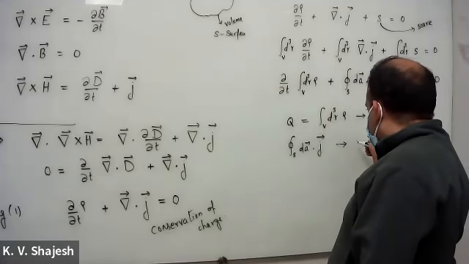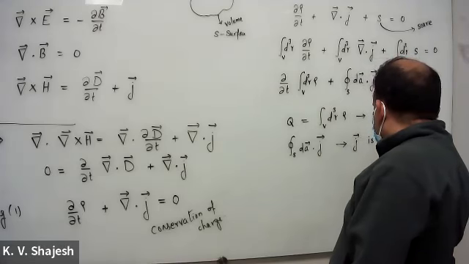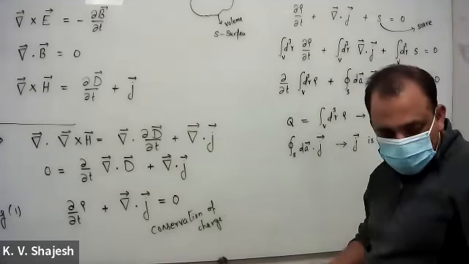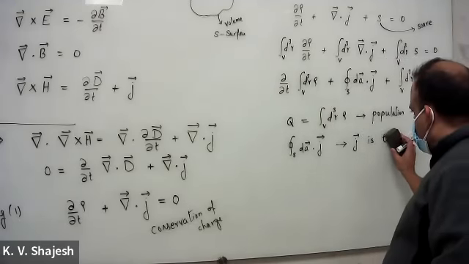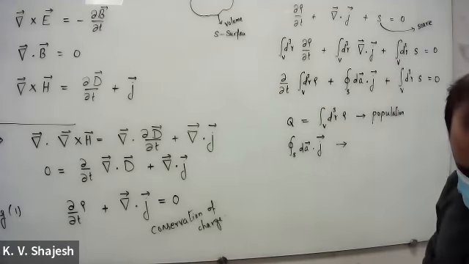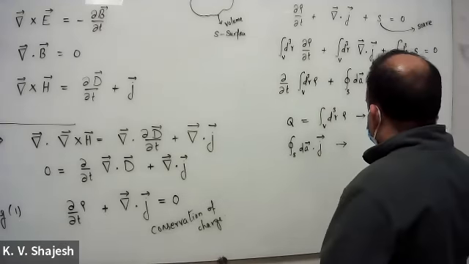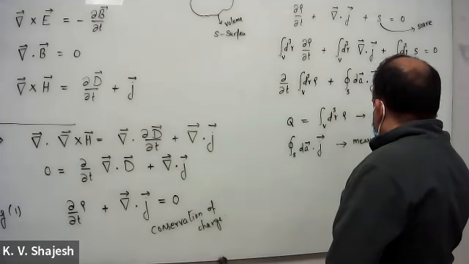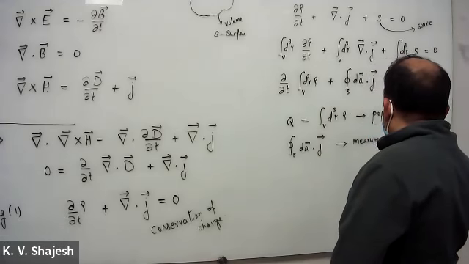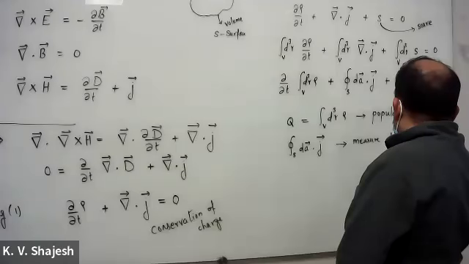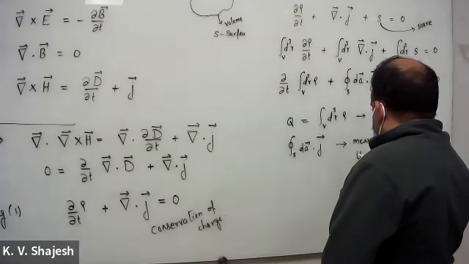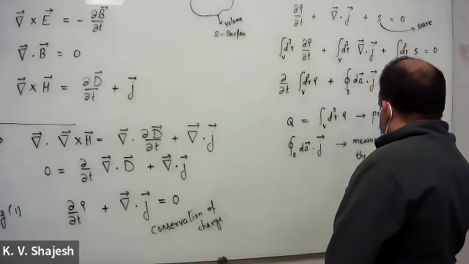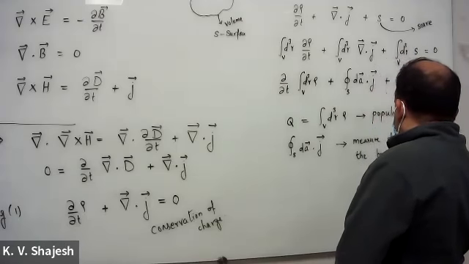J is the flux. Two definitions here. So let's say this is a measure of population crossing the boundary of the volume.